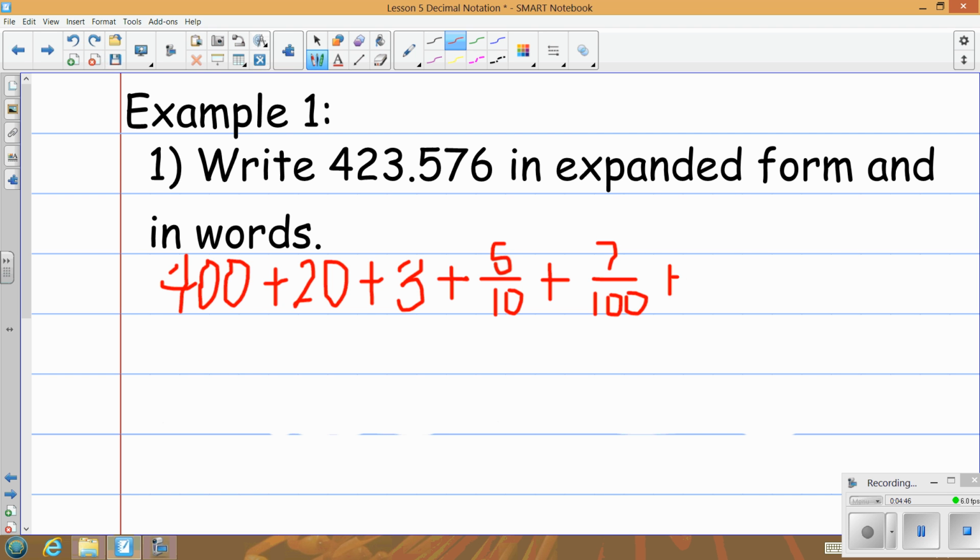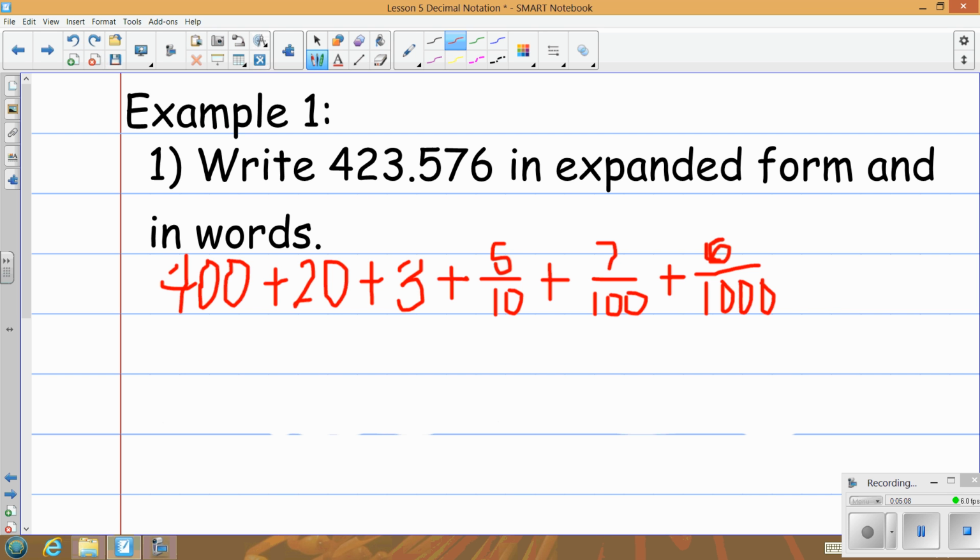And the 6 is in the thousandths position. 3 zeros, 3 decimal places, 3 zeros. So we do 6 over 1,000. So that is 423.576 in expanded form.